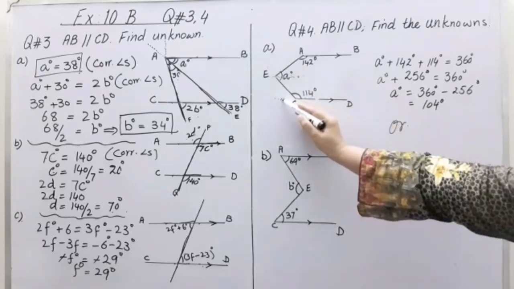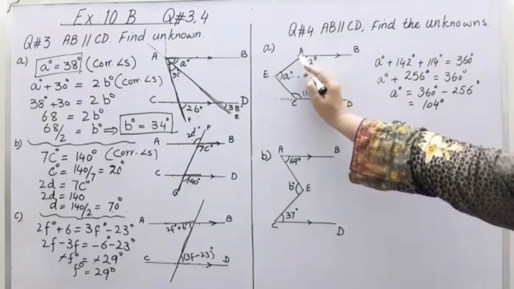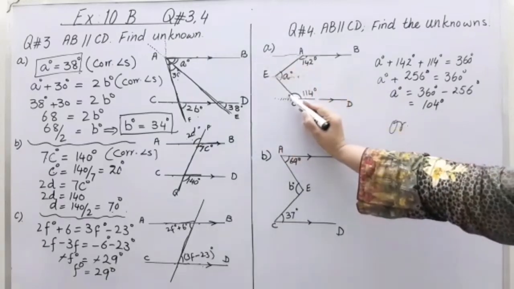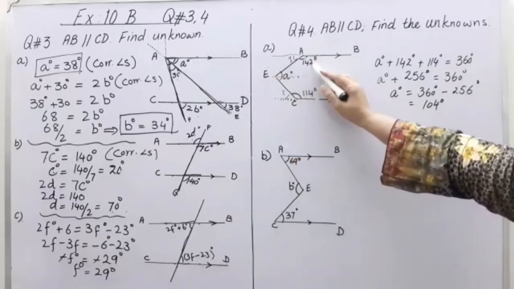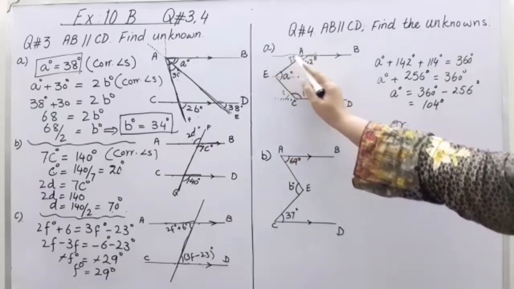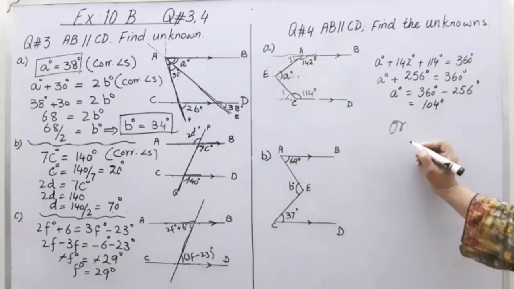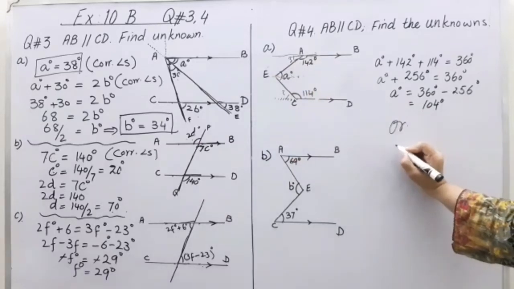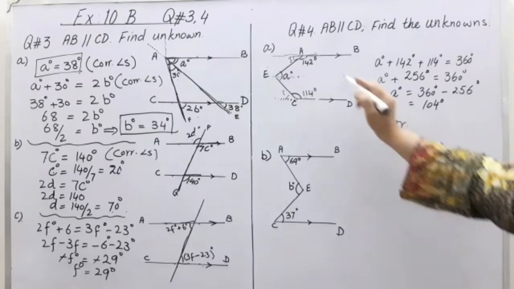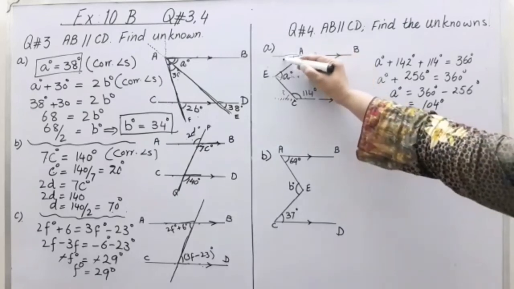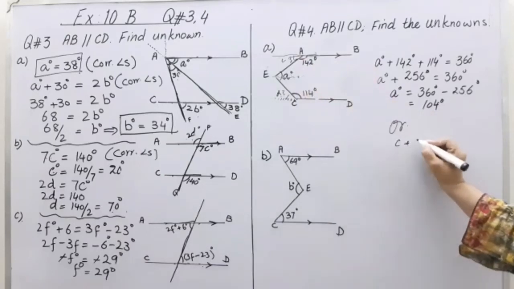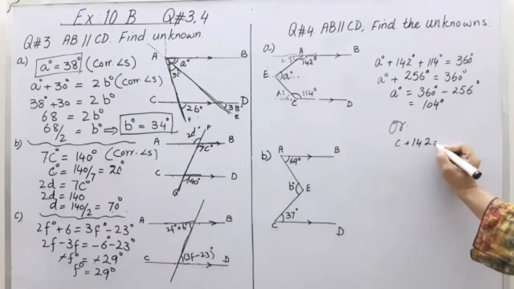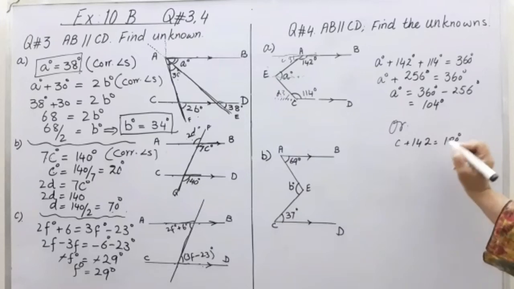If you draw it a little bit more, extend it, you find this angle 142. This is a straight line angle. If I say this is C and this is D, then C plus 142 equal to 180, straight line angle.